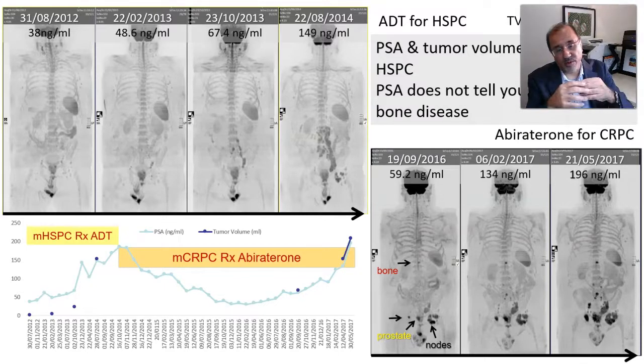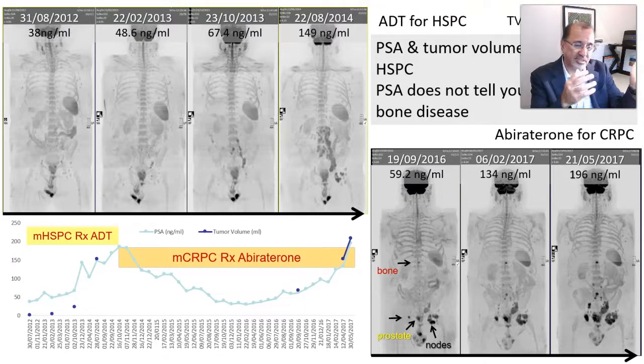And here's an example of the use of next generation imaging to follow progression in both hormone sensitive disease and castration resistant disease. So this patient got ADT alone for metastatic hormone-sensitive prostate cancer. And you can see that as the PSA begins to rise, we perform next-generation imaging with whole-body MRI.